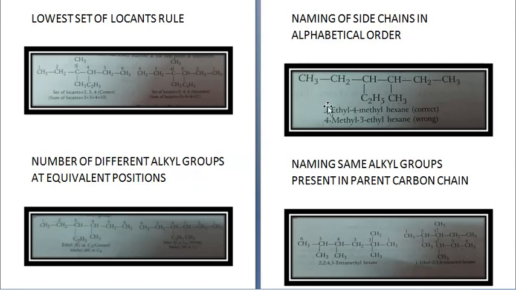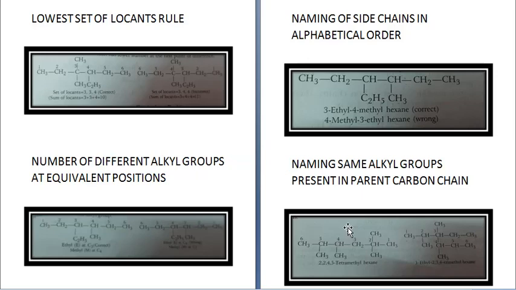But when you are writing the name, at that time the naming has to be done in alphabetical order. So in this case, first you will write 3 ethyl, then 4 methyl hexane. You cannot write 4 methyl, 3 ethyl hexane. That will be wrong. Alphabetically the side chains have to be written. Now naming same alkyl groups present in the parent carbon chain.